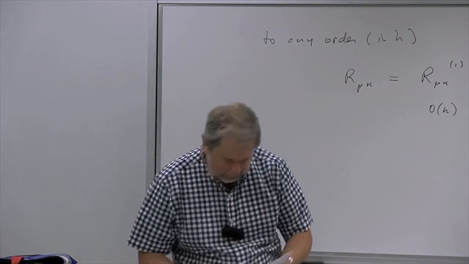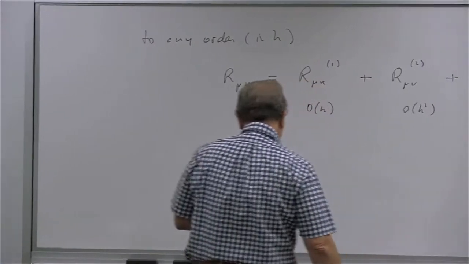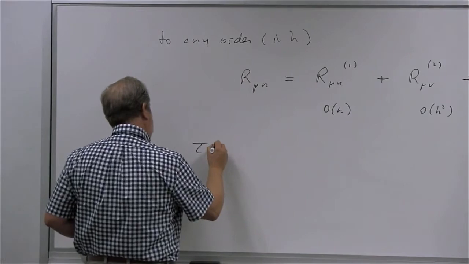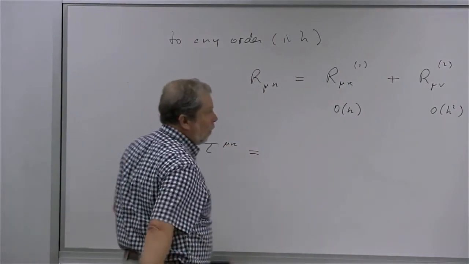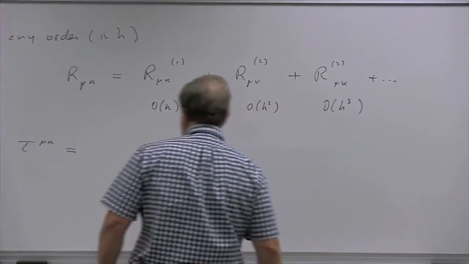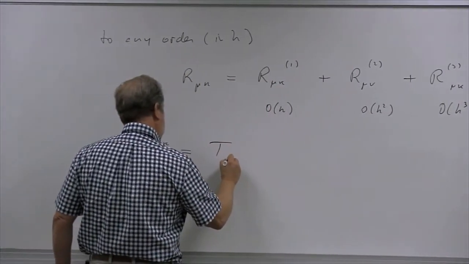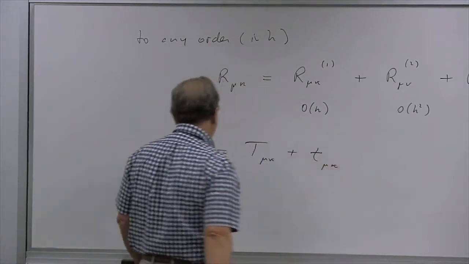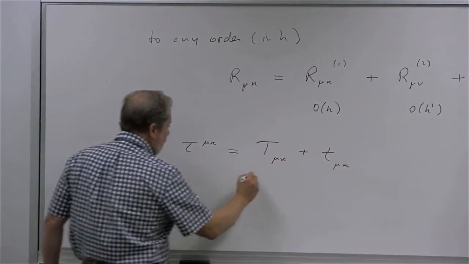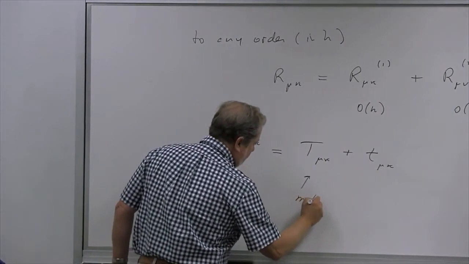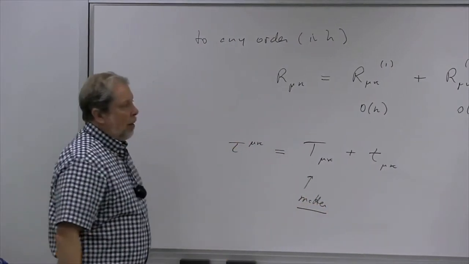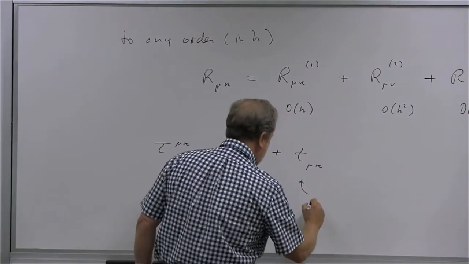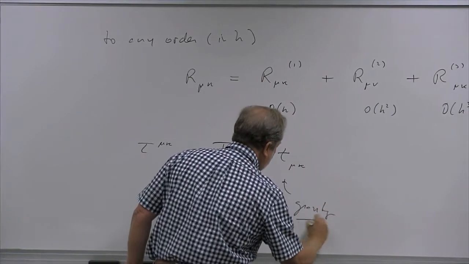this allows us to define, for example, tau mu k, which is t mu k plus the little t mu k. And if we do that, then this is the energy momentum tensor for matter, right? And the little t is what we defined over there to be the contribution from gravity, right?